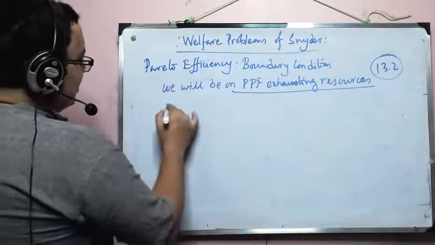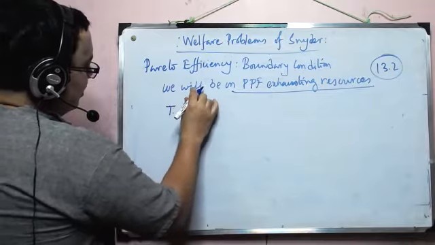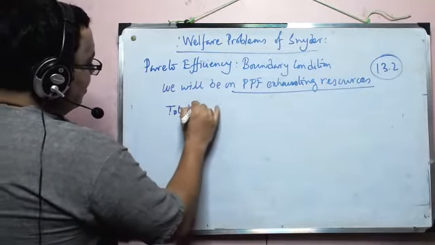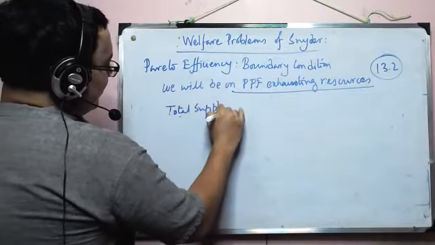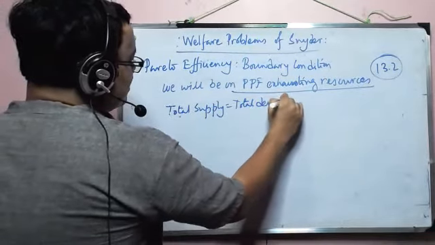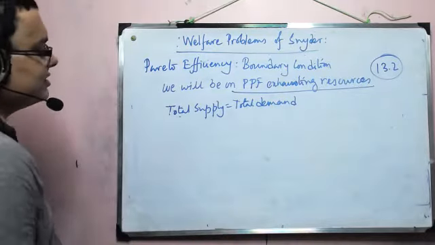The second one is the simple idea of total supply equals total demand. In case of problems related to general equilibrium, there are three components.